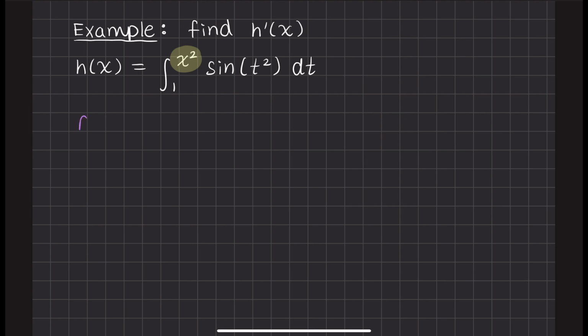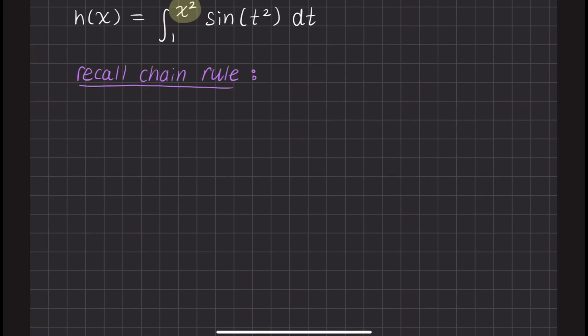If you recall chain rule, if I have big F of g of x, and I'm trying to take the derivative of this, this is going to be equal to the derivative of big F of g of x times the derivative of g of x.